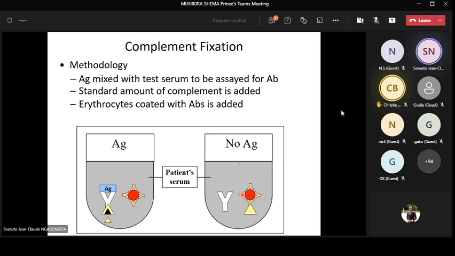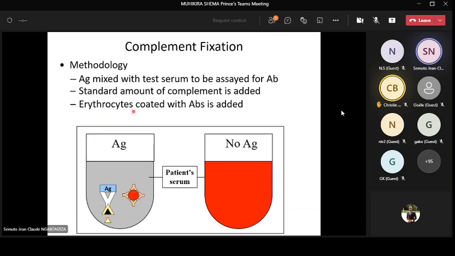And that is what will happen here. The complement will fix on this, and automatically lyses the red blood cell. Mu gihe hano kubera ko yari already fixed kuri complex antibody antigen, it will not be available for destroying this. It may be available, but in little amount.